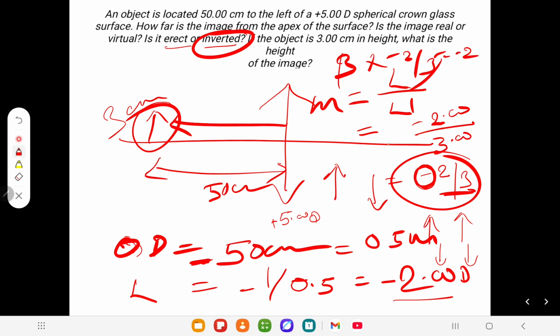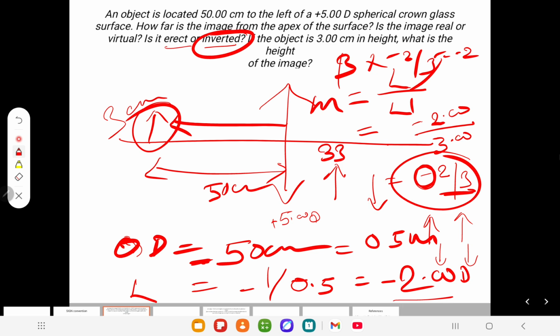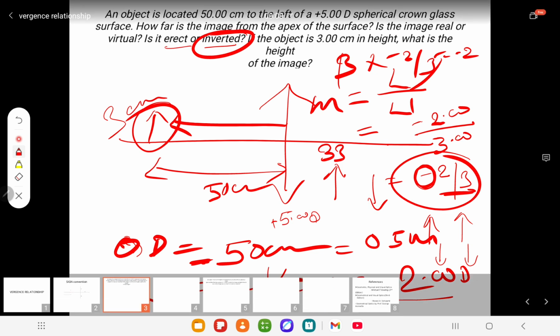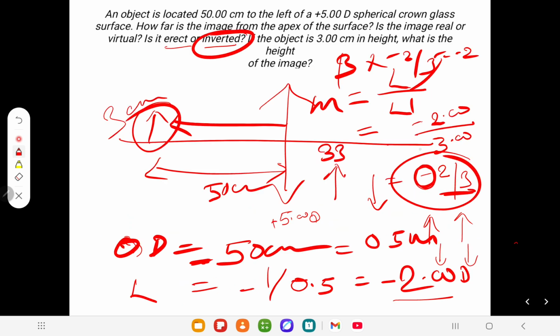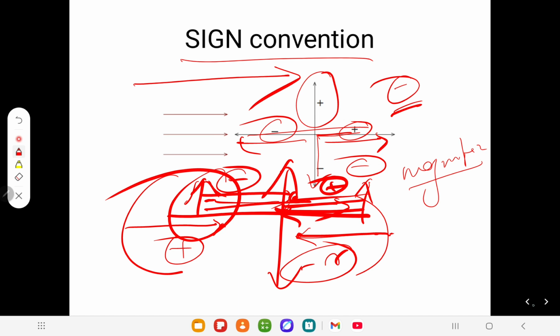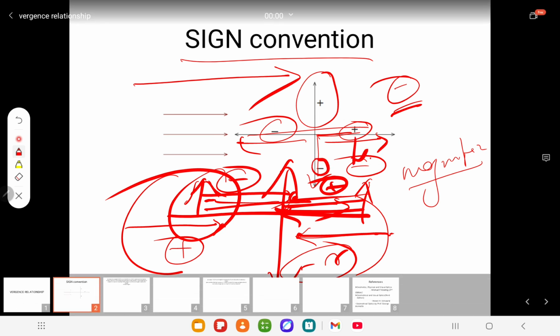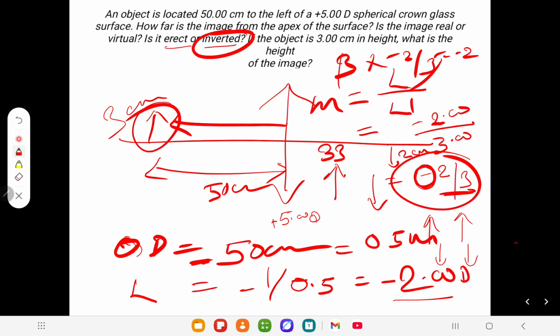Minus 2 means somewhere 33 centimeter away, which is this, 33 centimeter away, and the height of the image is 2 centimeter. Because we have already known in sign convention, if the image is like that, then it's negative. That's why minus 2 is the height of the image.